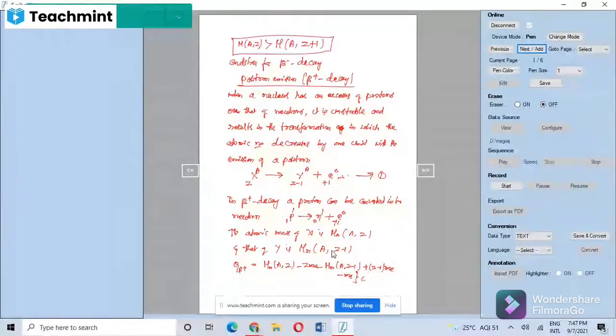This mass can be converted into energy according to E is equal to mc square. We multiply this mass with c square: Mn of A comma Z minus Z ME, minus Mn of A comma Z minus 1 plus Z minus 1 of ME, minus ME, which is the mass of the positron, into c square. I'll move on to the next page.